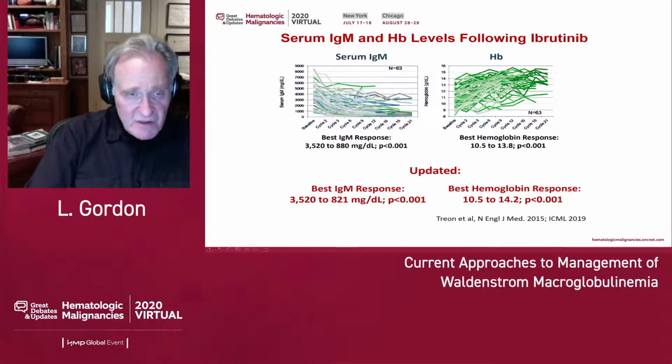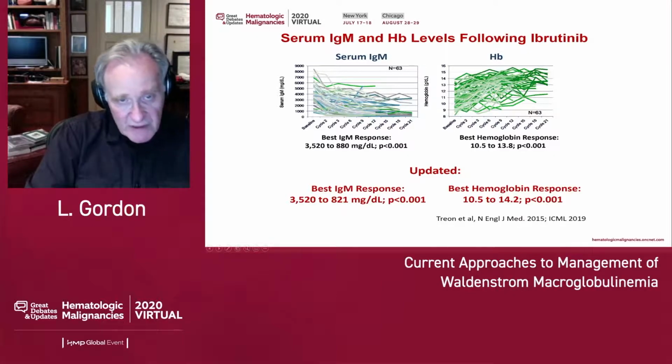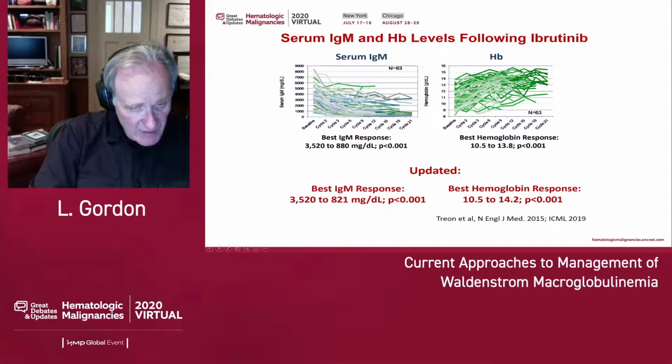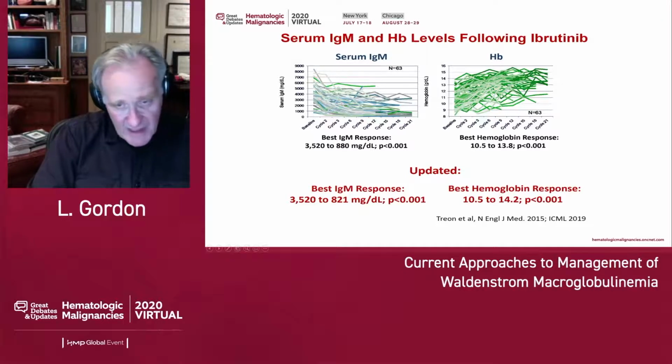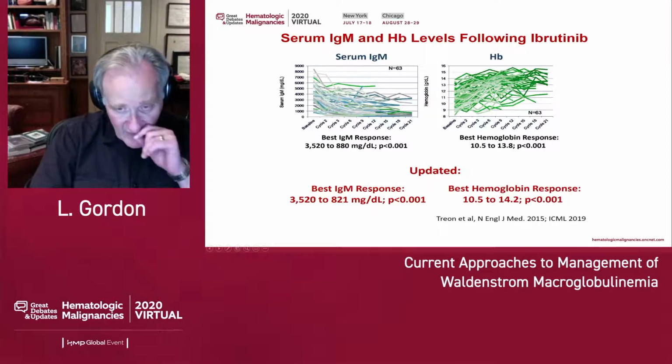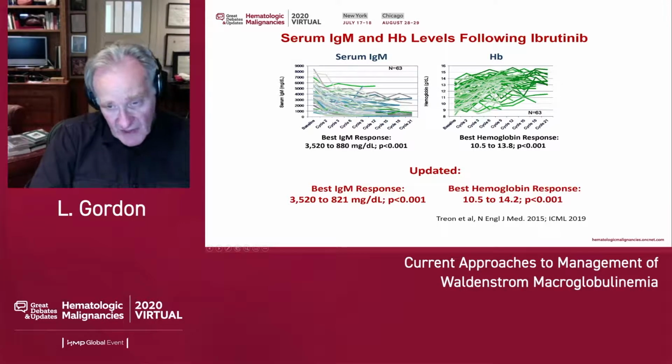And this just gives you some sense of what happens, in a big picture, to serum immunoglobulin levels. They go down dramatically through cycle 21, and hemoglobin goes up dramatically. If you look at the updated data, the best IgM response was from 3.5 grams to 820 milligrams, and the best hemoglobin response was 10.5 grams up to 14 grams.